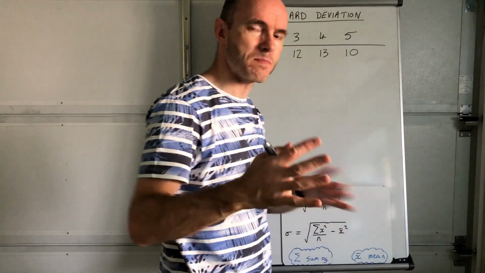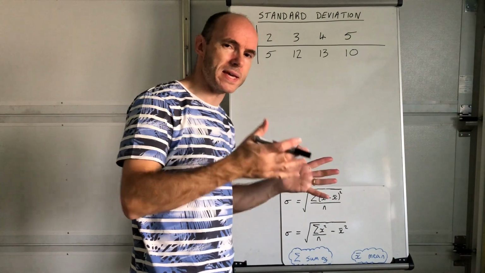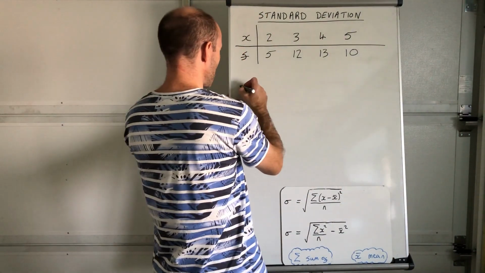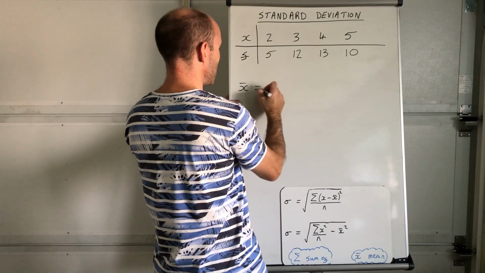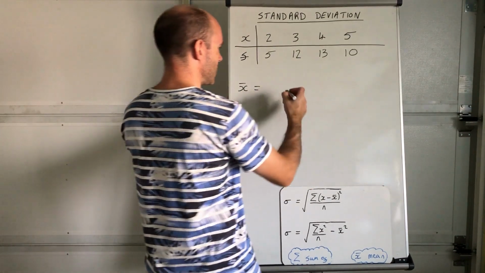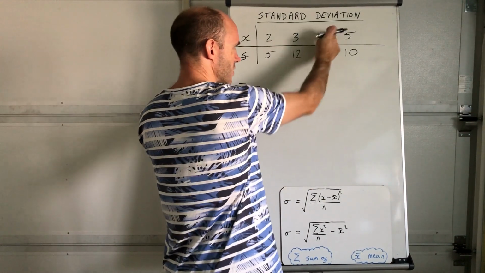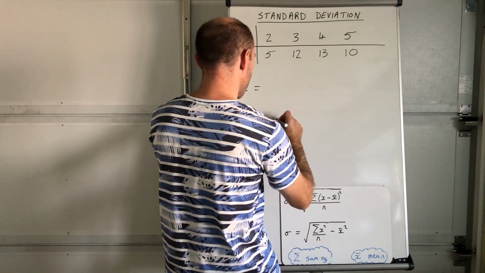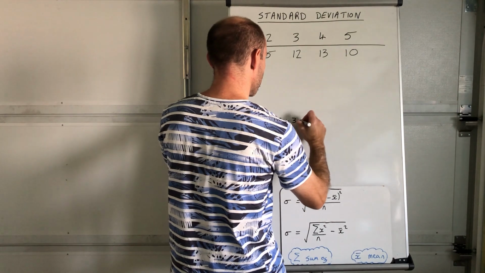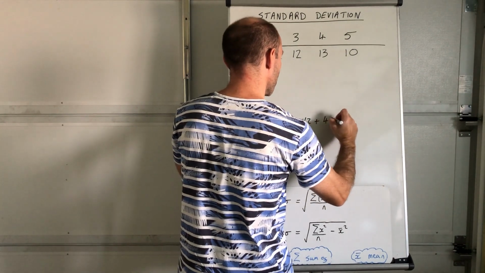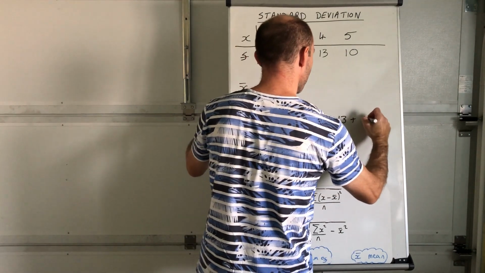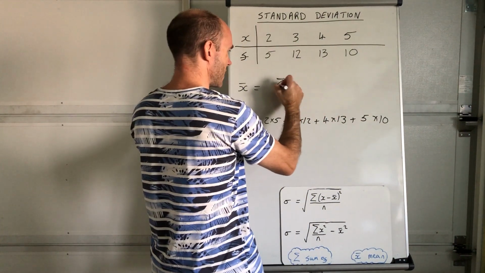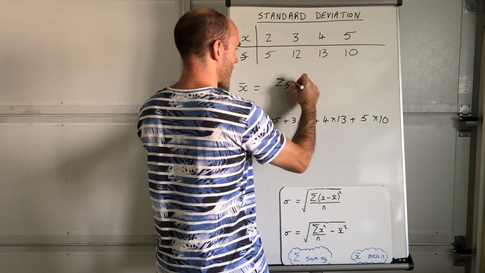Let me just take you back to what you would have done to find the mean in GCSE maths. Assume you can remember that far back. So using X bar again to represent the mean, what you would do, of course, is multiply these together. Do you remember doing that? So you do 2 times 5, and then you add 3 times 12, then you add 4 times 13, then you add 5 times 10. All of those. So the notation for that is sigma fx.